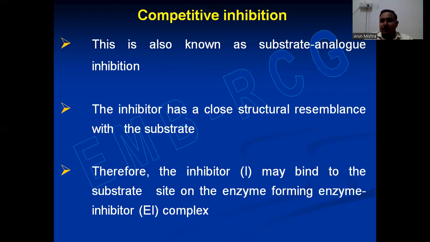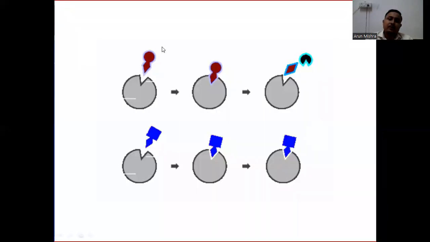So the enzyme gets confused as to which molecule it should bind, its substrate or the inhibitor, which structurally resembles the substrate. Therefore, the inhibitor may bind to the substrate site of the enzyme, forming an enzyme-inhibitor complex. We can see this in this diagram also here.